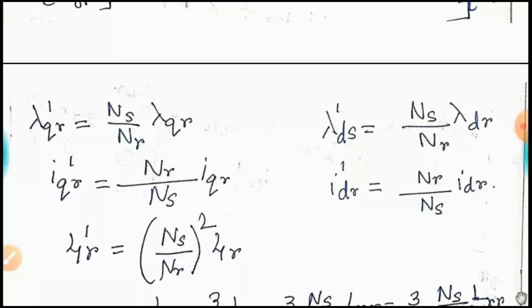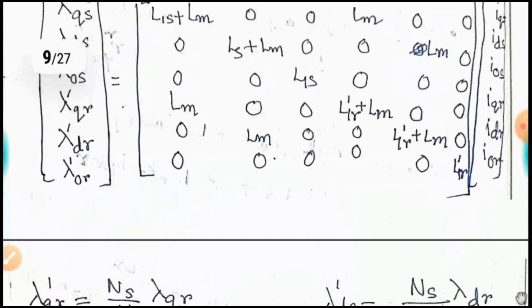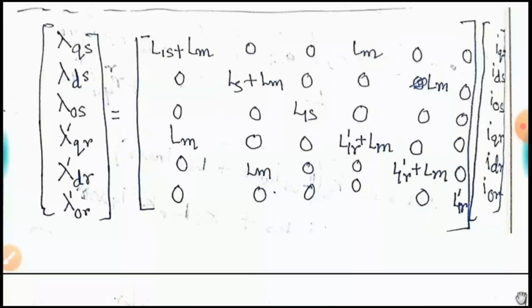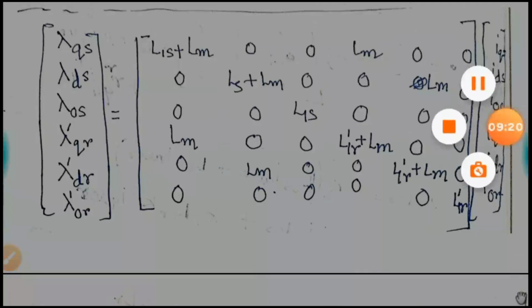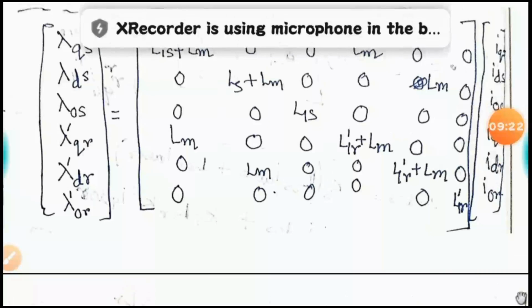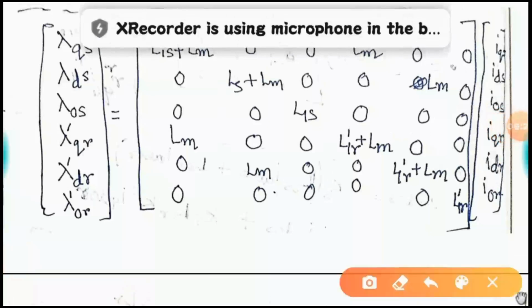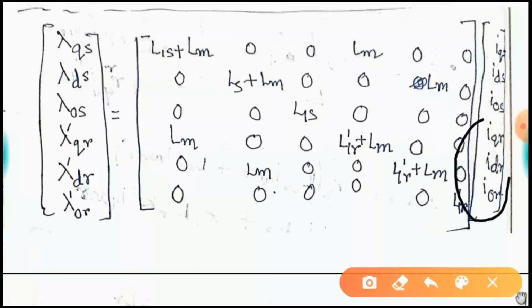it's just NS by NQR, the turns ratio, and also here one more thing, a slight correction I would like to suggest. The last three terms should be like this. I'm writing the total current matrix.